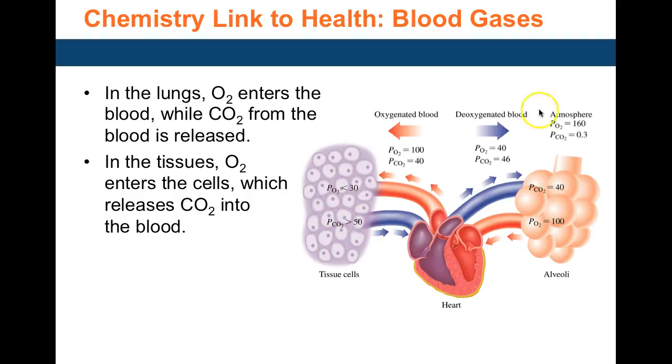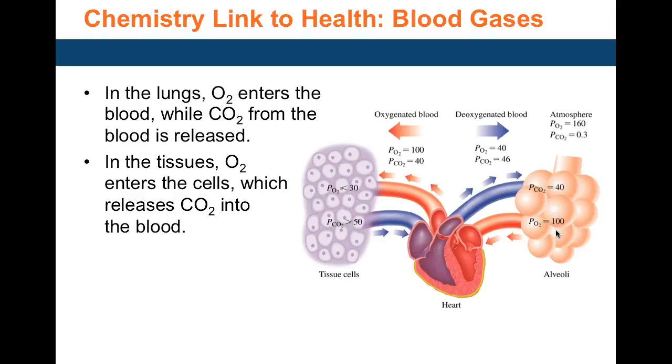Now, in the fresh air in the atmosphere, the partial pressure of oxygen is very high, and the partial pressure of carbon dioxide is extremely low. So the air that is coming into the lungs has a high partial pressure of oxygen.